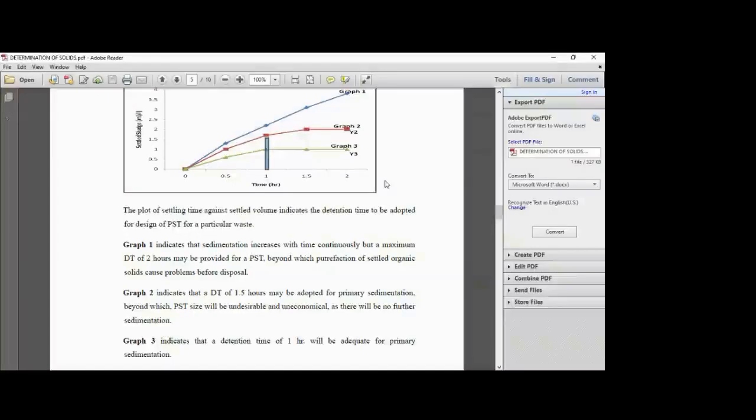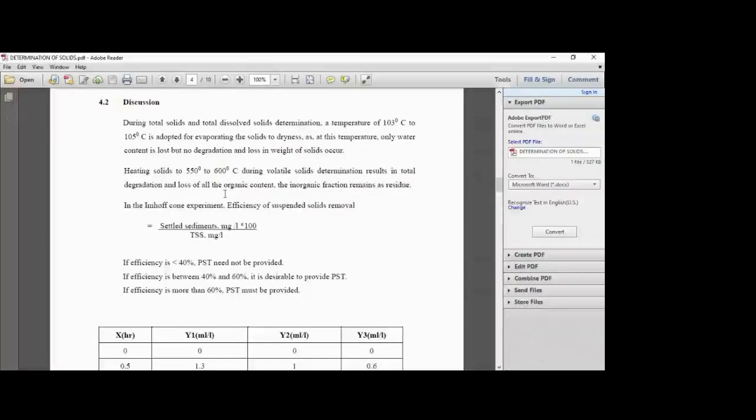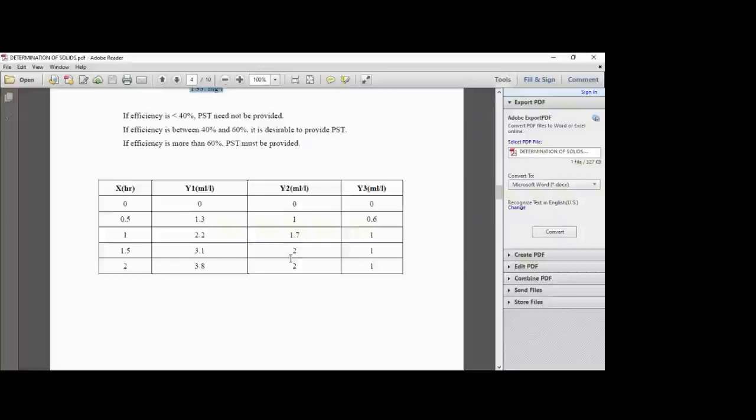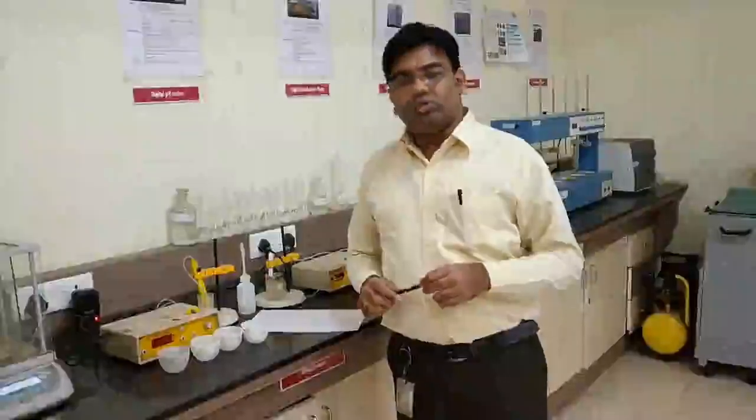To find out the efficiency, you will have to use this particular formula. Then you can decide whether the PST is required or not. And if the PST is required, you can find out the detention time by carrying out such studies, and then decide what the detention time is.